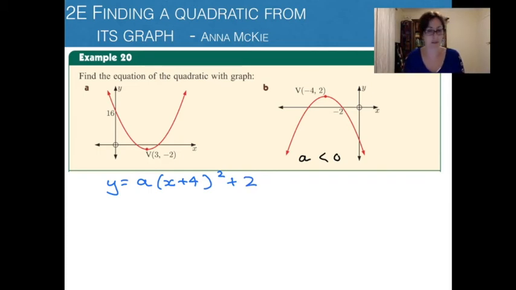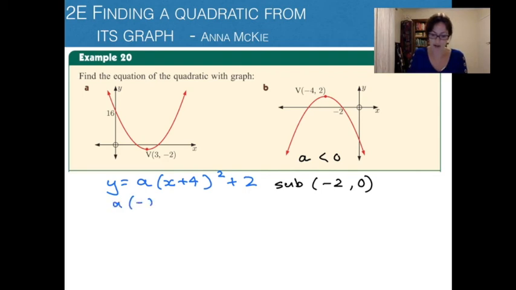We need to solve for a though, so we're going to substitute in the other point. Now, that's in a different form. That negative 2, is that the x or the y value? It's the x. And what would the y value be? Well, because it's an x-intercept, it's actually 0. So don't be tricked by that one just because you've done it in a different way every other time.